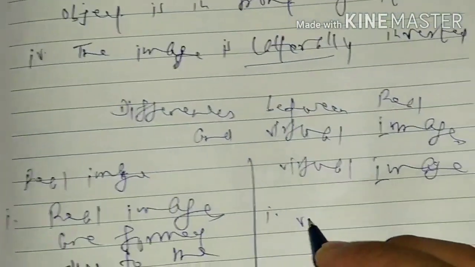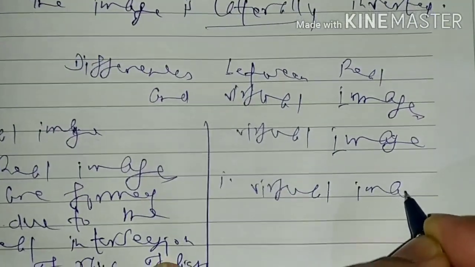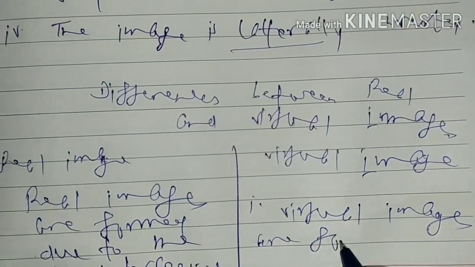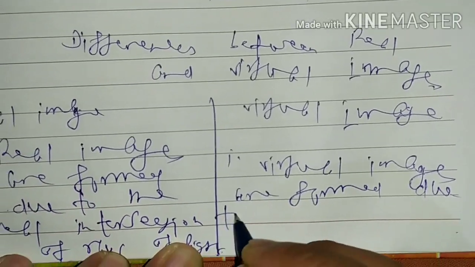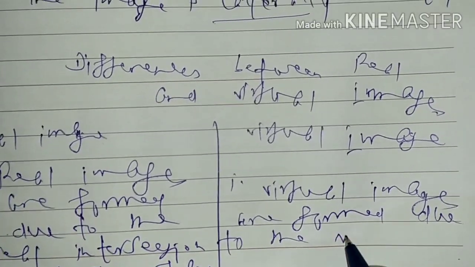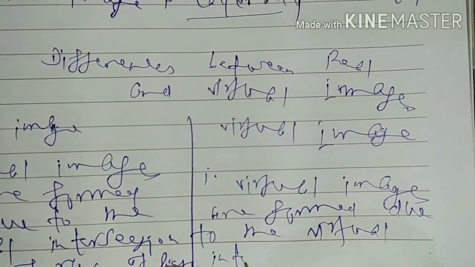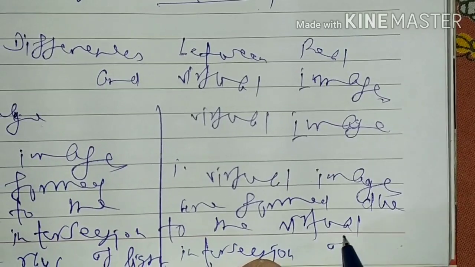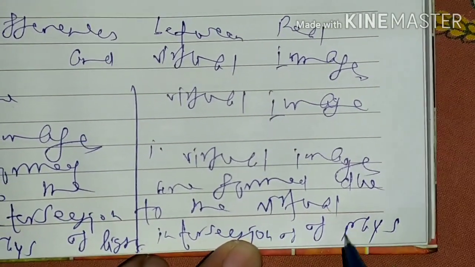So virtual images are formed due to the virtual intersection of rays of light.